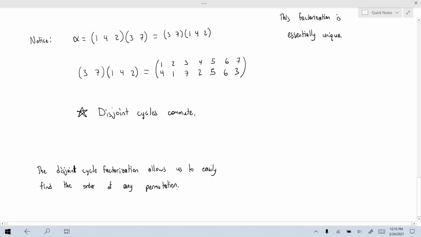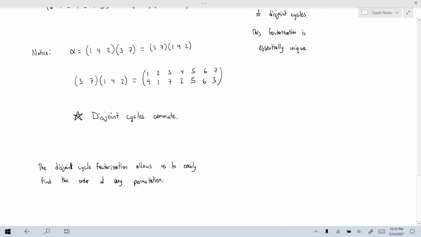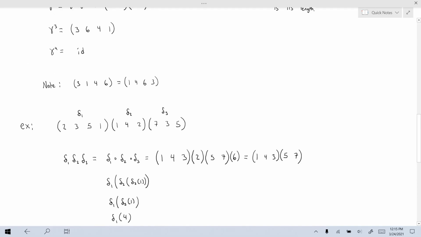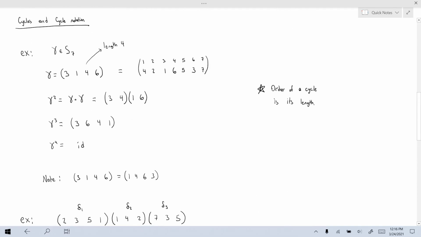I'm going to try to explain how this works. We've already noted, let me scroll up real quickly, that the order of a cycle is its length.